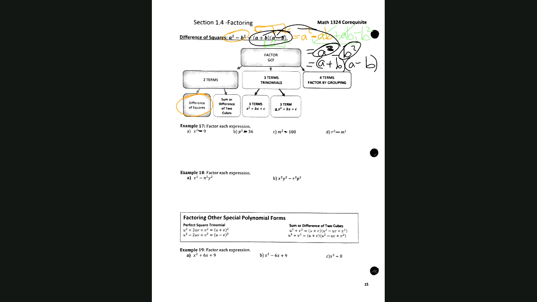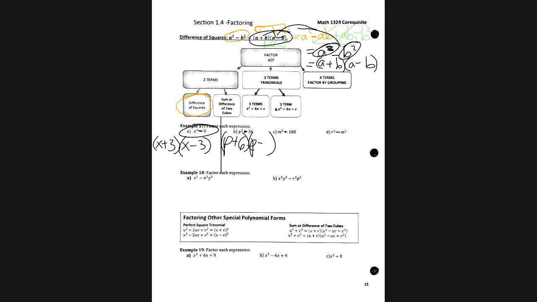It has to be a difference of squares, and also that both the first and the second term are perfect squares. So if we want to factor this one, and actually we did that earlier, so that will be x plus 3 times x minus 3. The next one, the square root of p squared is just the letter p. We make one positive, one negative, and the square root of 36 is 6.